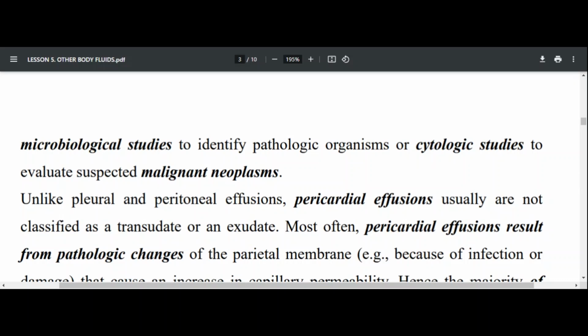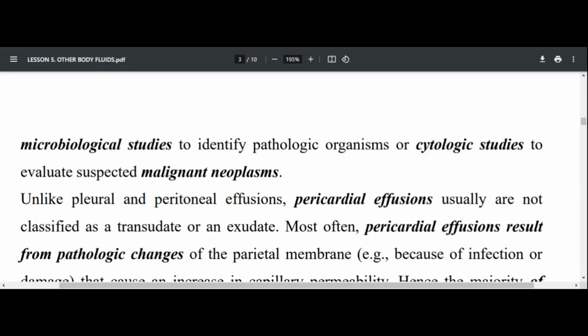As well as cytological studies in order to identify if any neoplastic transformation or neoplastic metastasis has taken place. That can direct us to analyze the specimen further in order to identify any pathologic process, malignancy, microbiological process, or any other process.